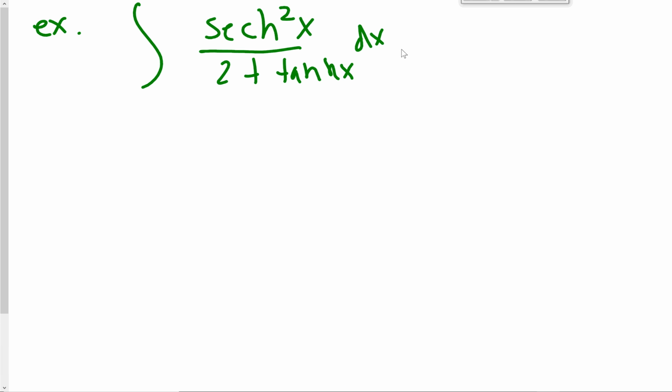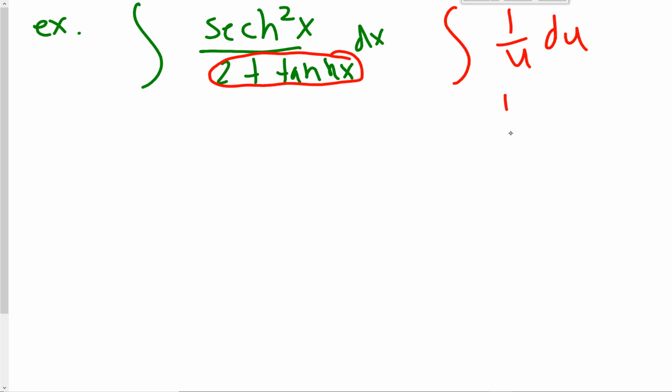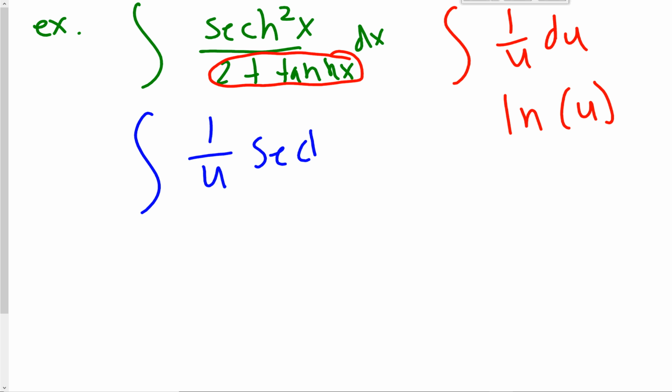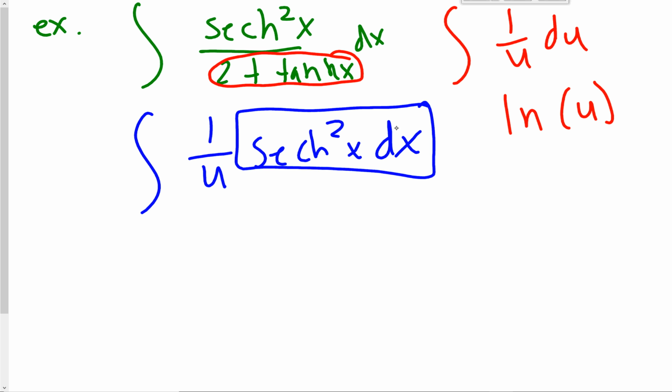All right, this one's a little more involved. But again, I'm going to let my u equal the bottom because I know the integral of this is just ln of u. That's why I'm doing mostly the bottoms here. So I'll be left with this. When I take the derivative of my bottom, it has to equal that.